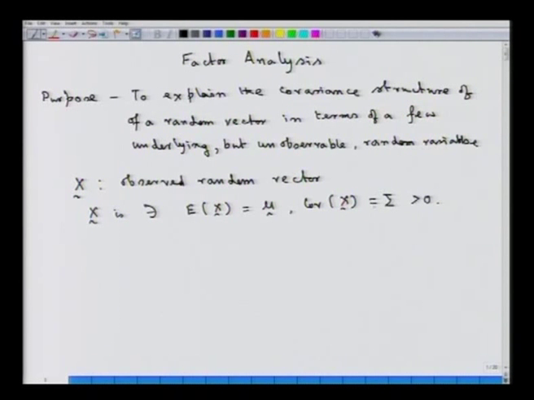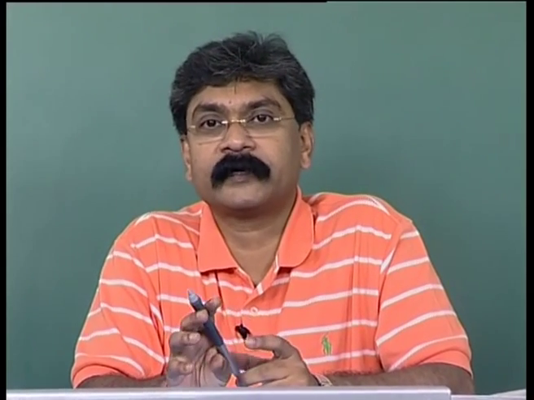Factor analysis is concerned about this variance covariance structure sigma, and it tries to explain this covariance structure in terms of a few underlying but unobservable random variables. If we look back at principal component analysis, there also we were concerned about the variance covariance matrix.